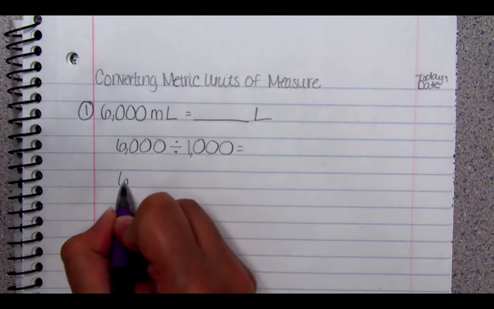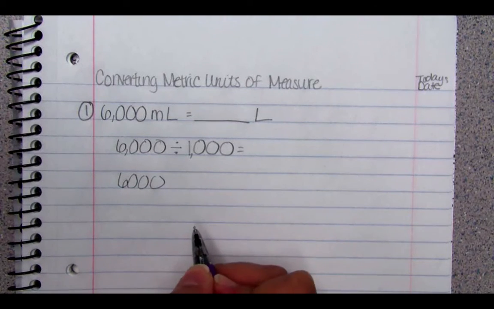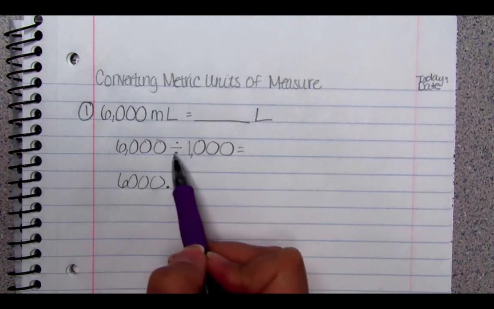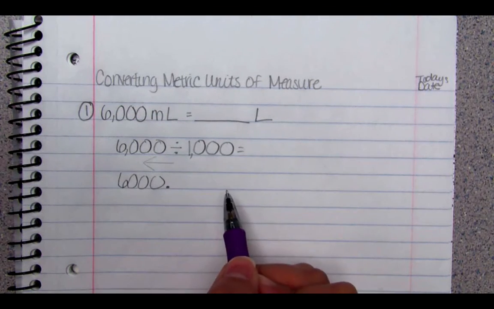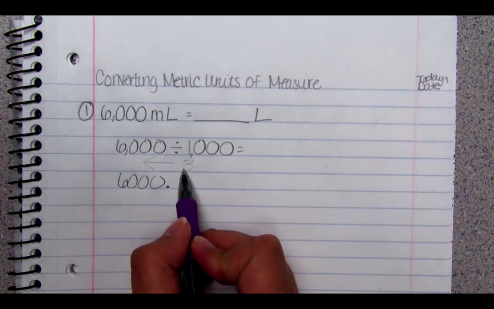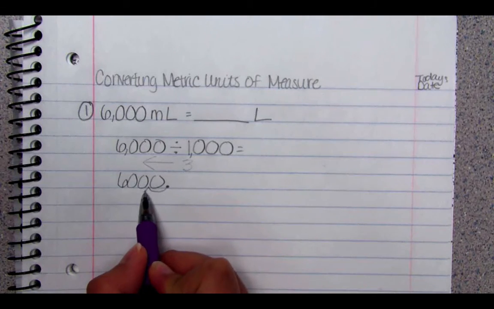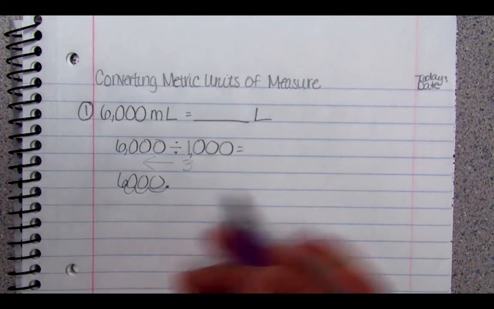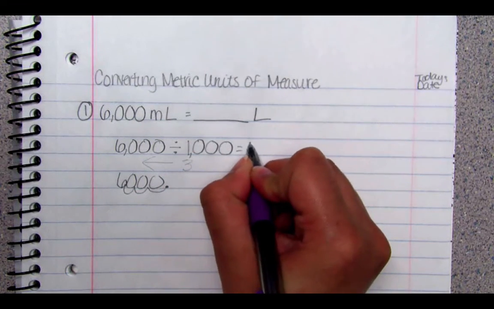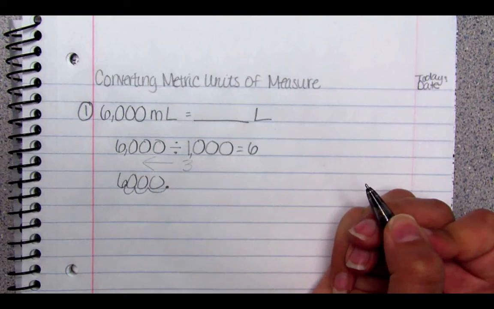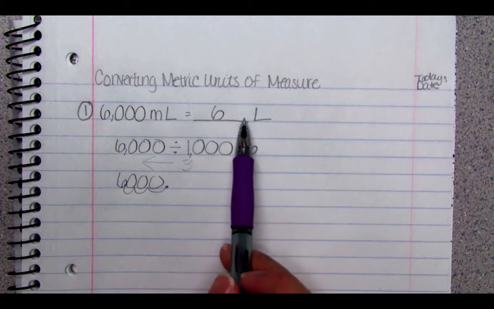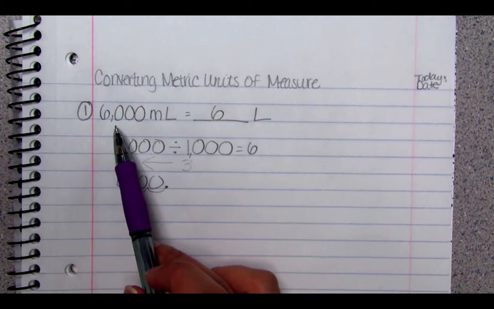So if we have the number 6,000, remember our decimal point is always to the right of the ones place. And we're dividing, so our decimal point's going to move to the left. And there are 3 zeros here, so it's going to move to the left 3 times. So 1, 2, 3. So 6,000 divided by 1,000 is 6. 6 what? 6 liters. So there are 6 liters in 6,000 milliliters.